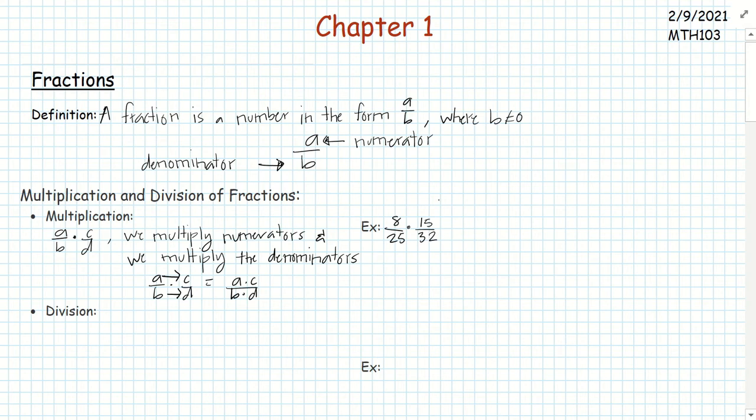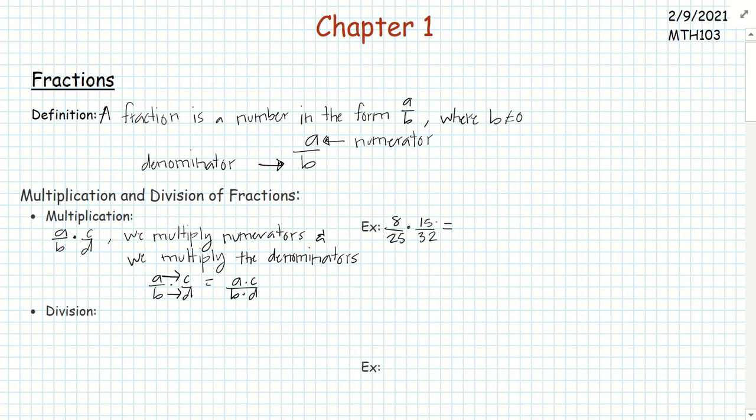So something that I'm noticing here is that we have numbers that can be reduced. By reducing, I mean that a number on the top and a number on the bottom are both divisible by the same value. In this case, I see that I have the number 8 and the number 32. They're both divisible by 8.